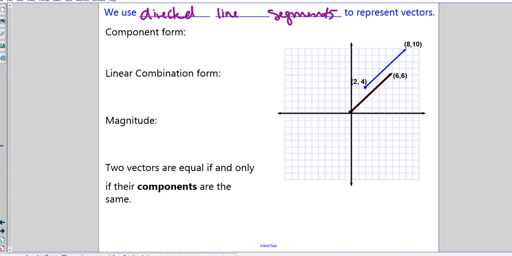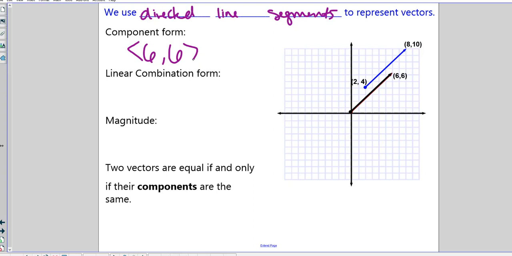Okay, so let's write that. To the component form, your vectors look like this. You've got your angled brackets. So the component form of all of those vectors was 6, 6. In other words, your component form is where is my terminal point when I move my initial point to the origin, okay?